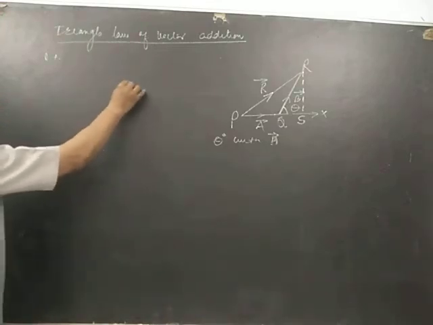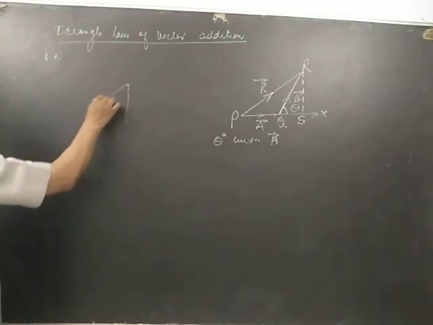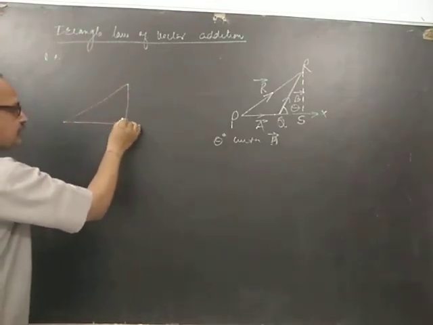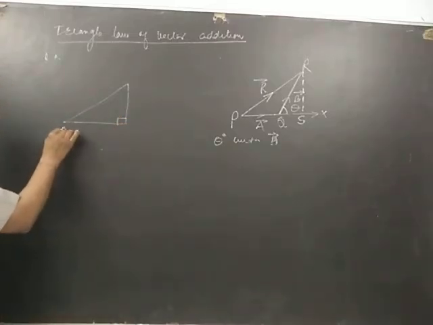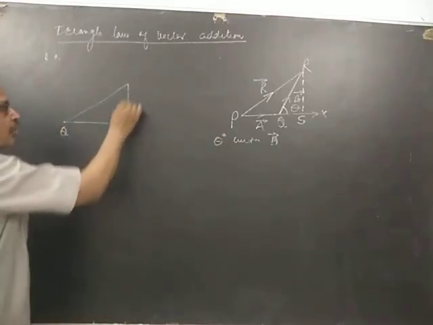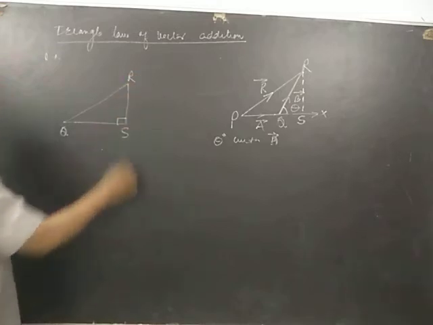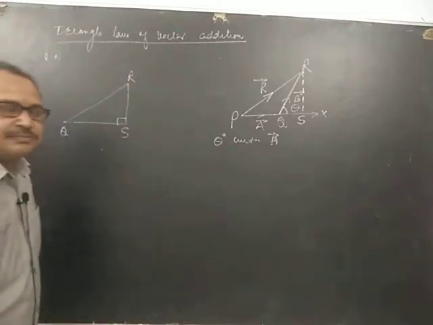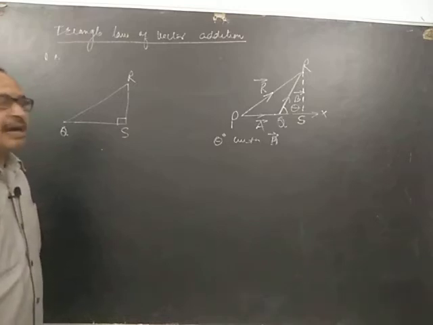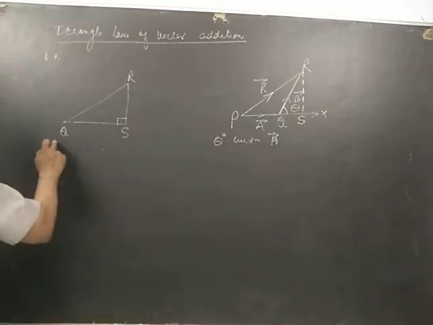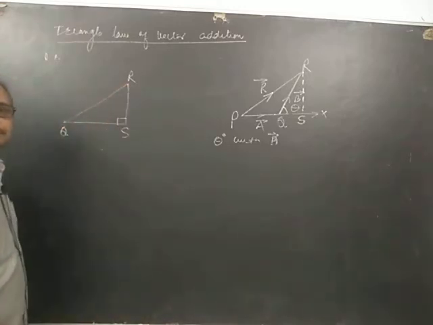Look, my dear friends, what is this? Obviously this is a right angle triangle, and the right angle triangle has a name, which is QSR. Am I clear? QSR. Achha, what is this QR, my dear friends?